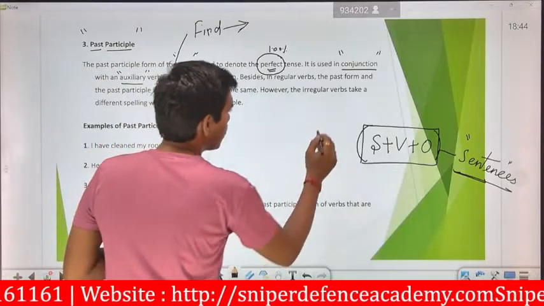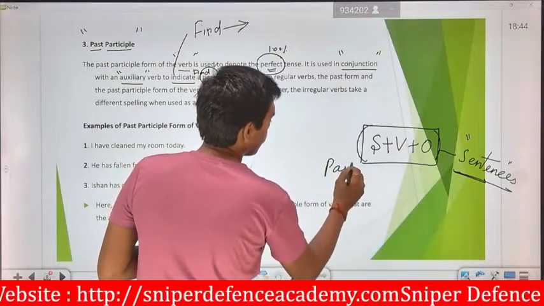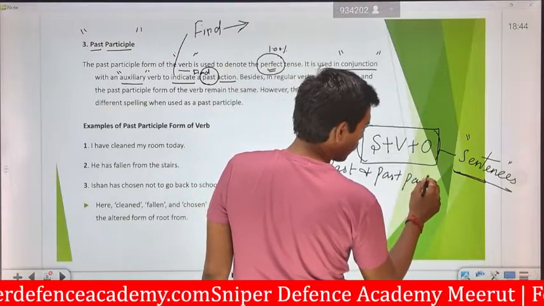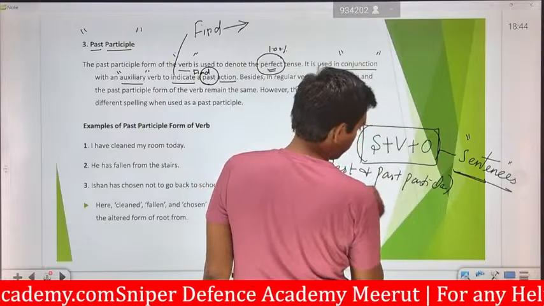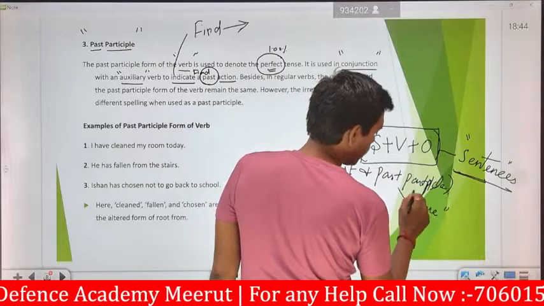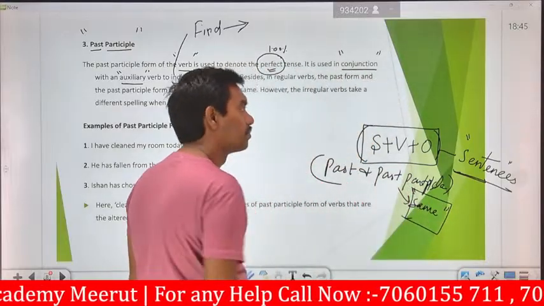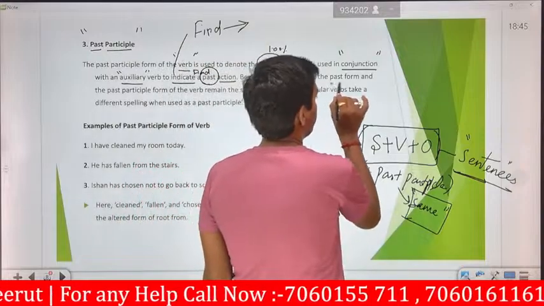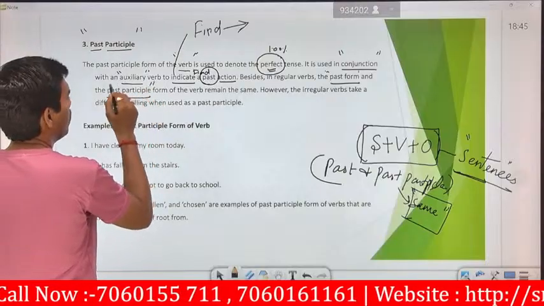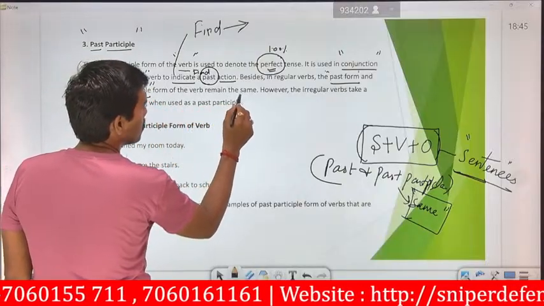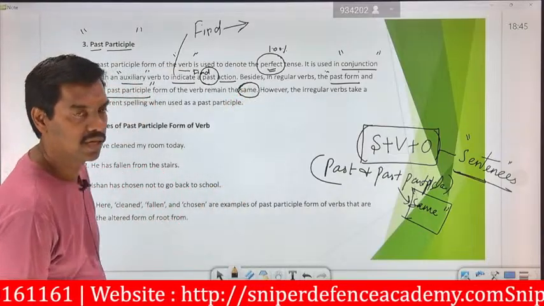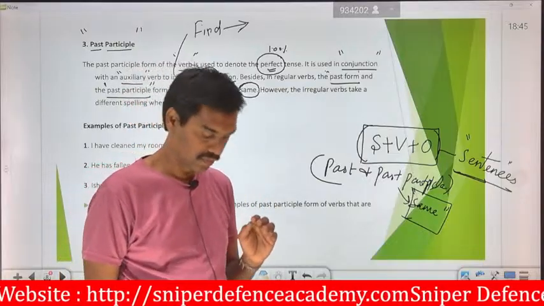Generally they are saying that the past and past participle remain the same, both of them. When the past form and the past participle form remain the same, it is said to be a regular verb.